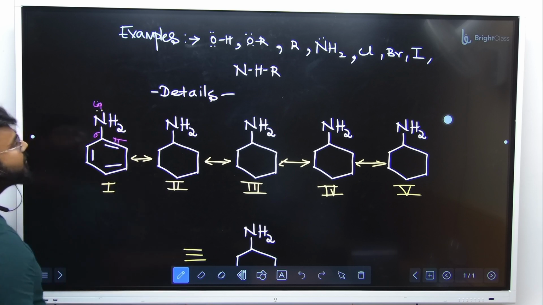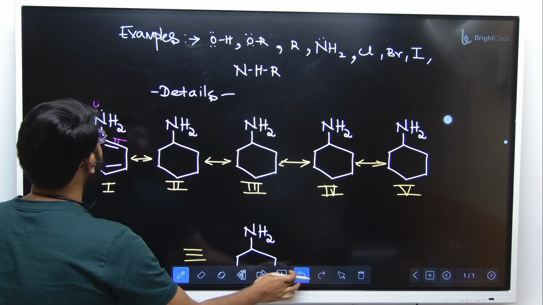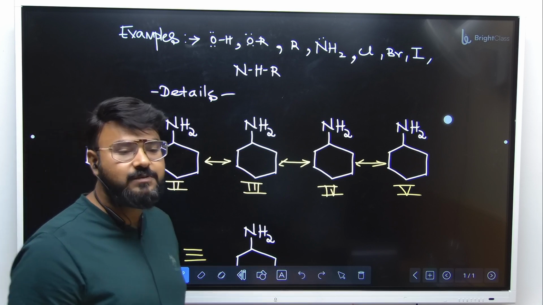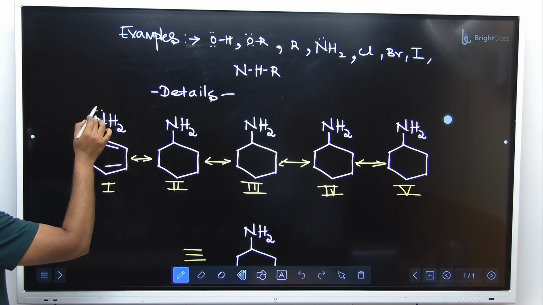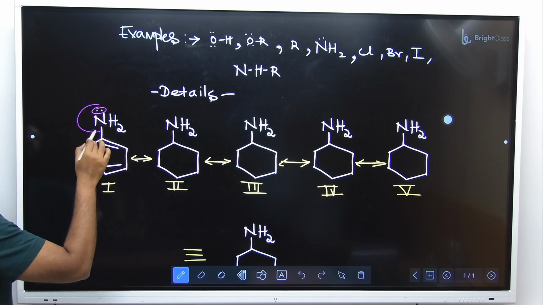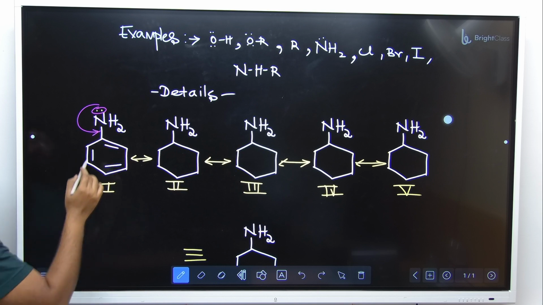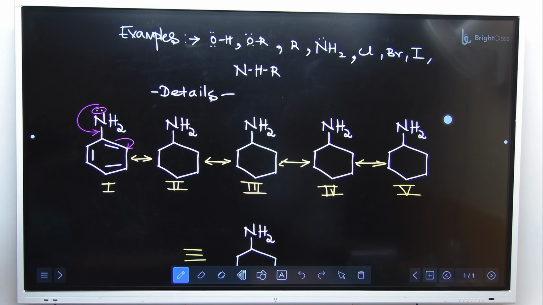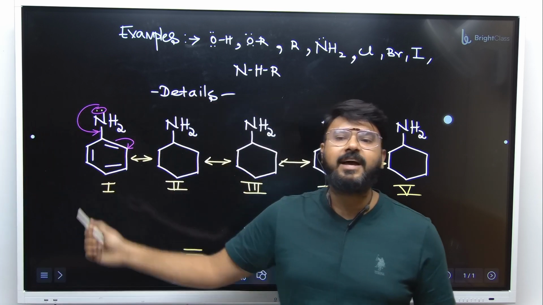When you see this pattern of pi sigma lone pair, resonance will happen. The pi electron will shift here, and to adjust this incoming electron, the lone pair will shift here and the pi electron will shift here, right? So you see the lone pair is directed inside the ring.